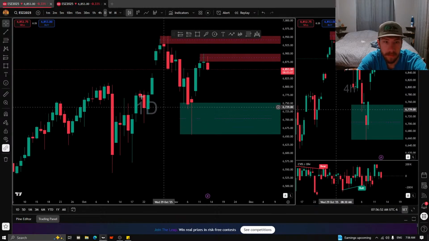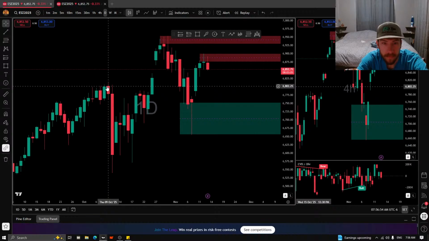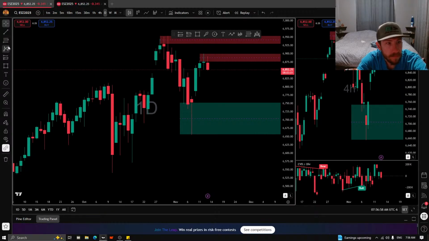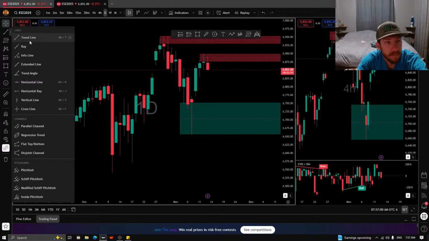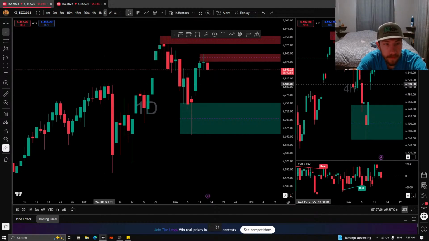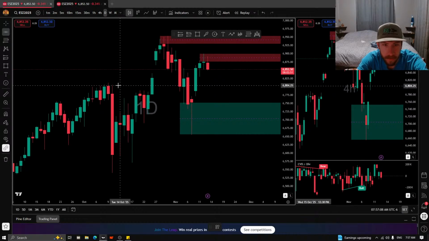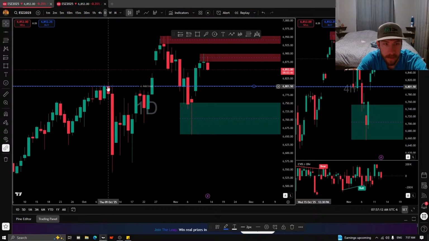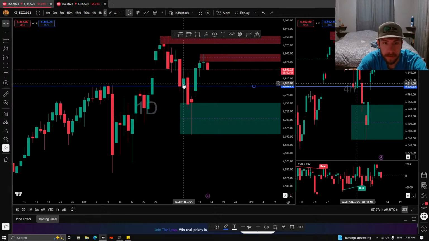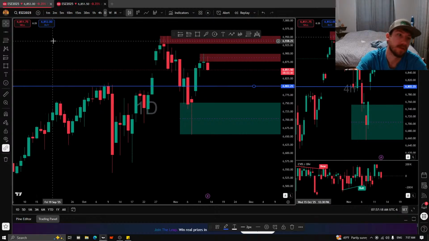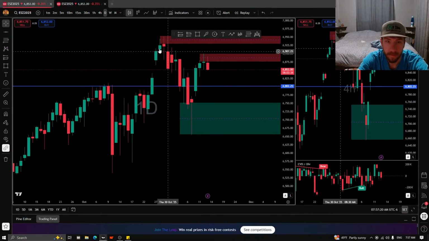So, this would be like a resistance line. Because this would have been demand, but it's been crossed a couple of times. But if you look, like right here, how it came, passed, bobbled on it, so we could see some importance there.